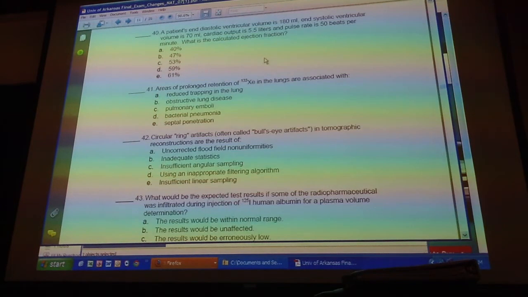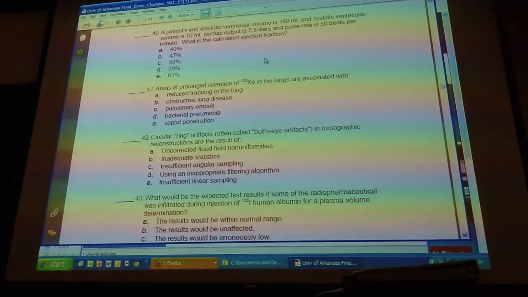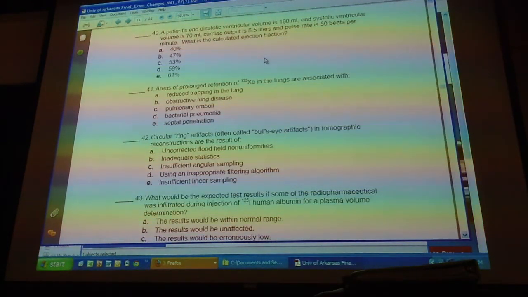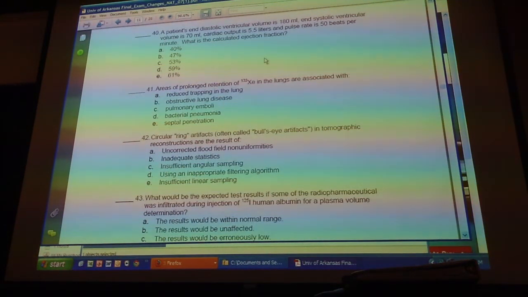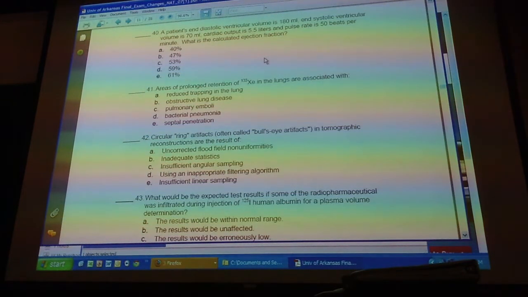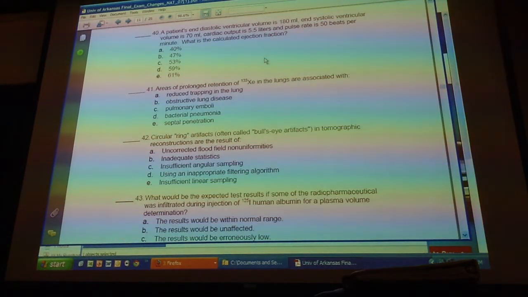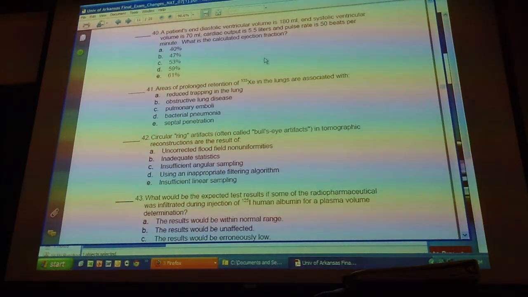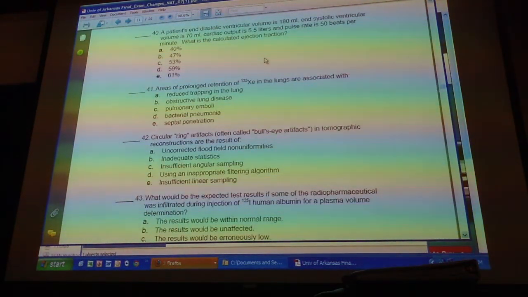A lot of times when you draw regions of interest, they do what they call normalization. If you have 500 pixels for the heart, then you should have about 500 pixels for the background. There's even a section in the math book that describes how you do that.